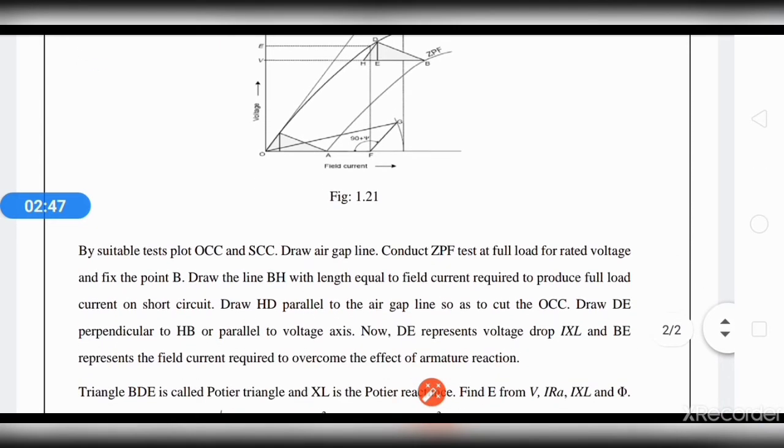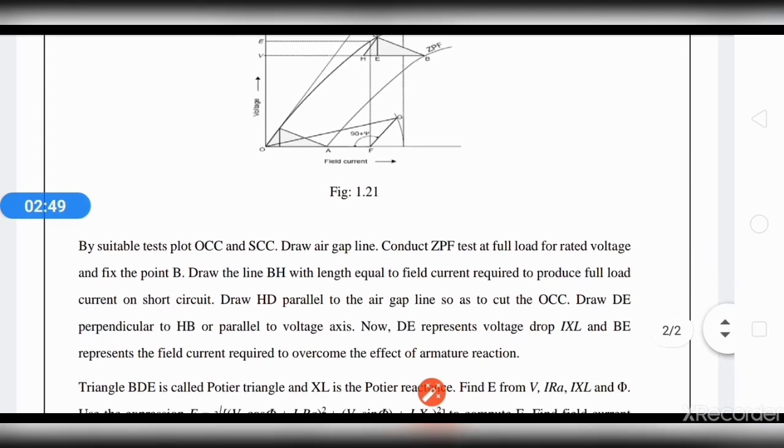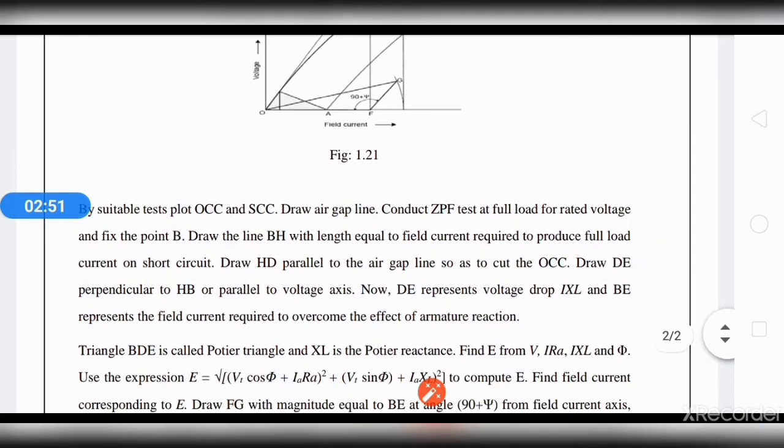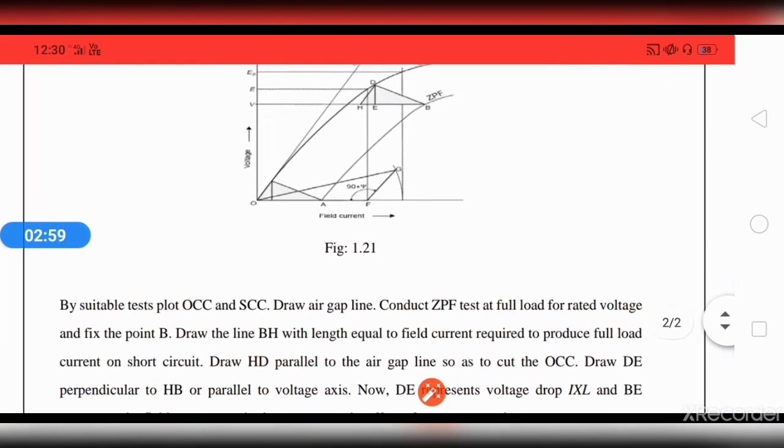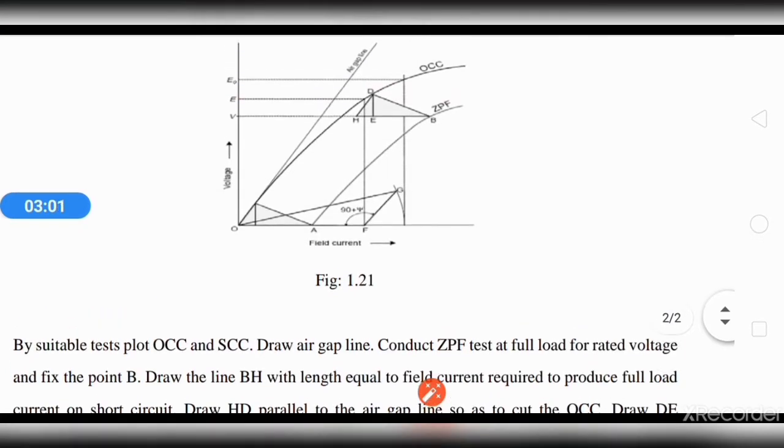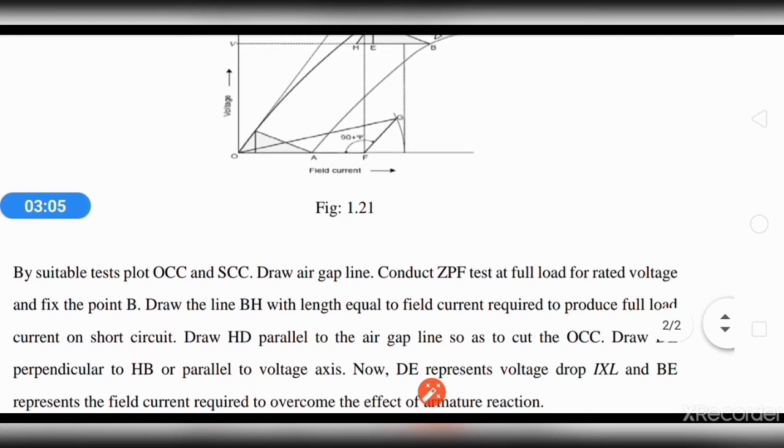By suitably plotting test data for OCC and SCC, draw the air gap line, and conduct the zero power factor test at full load for rated voltage to fix point B. You can see fixed point B shown there for the rated voltage.